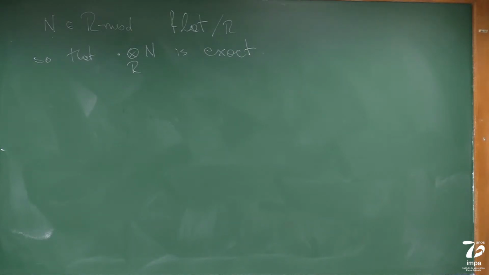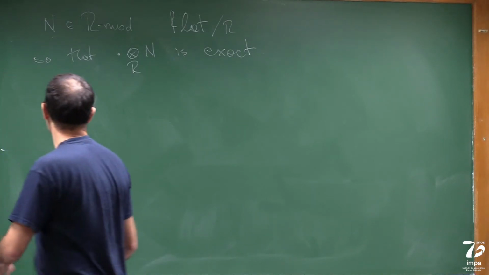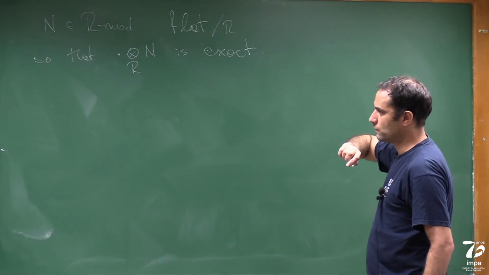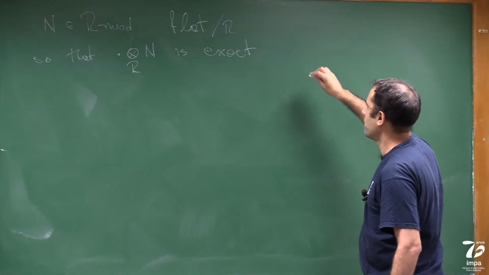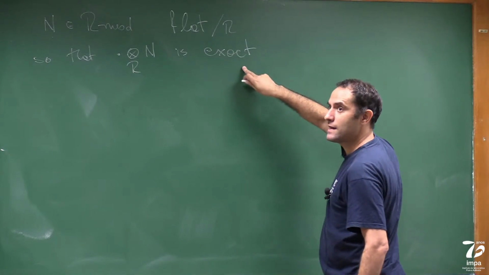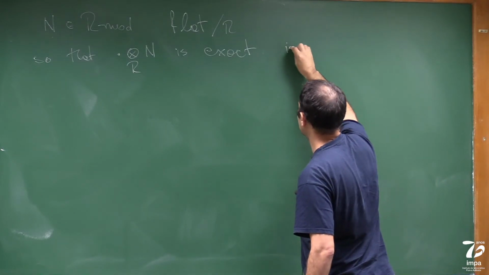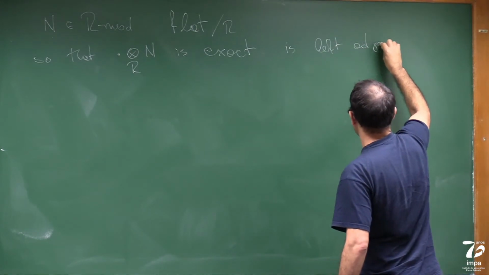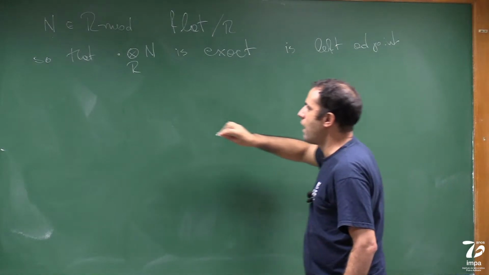So if I do this, then this guy is left adjoint to hom.